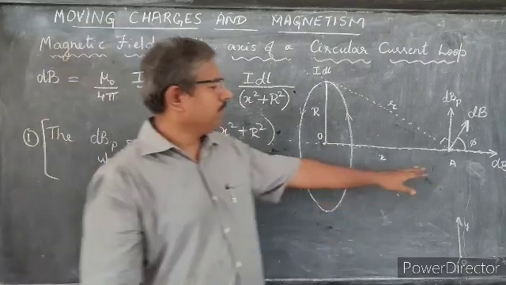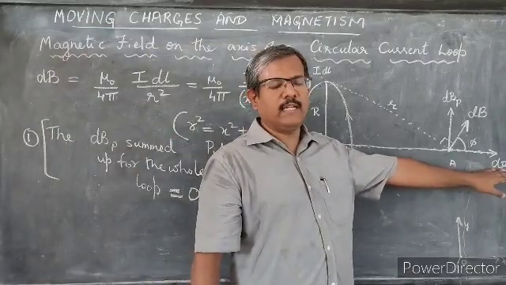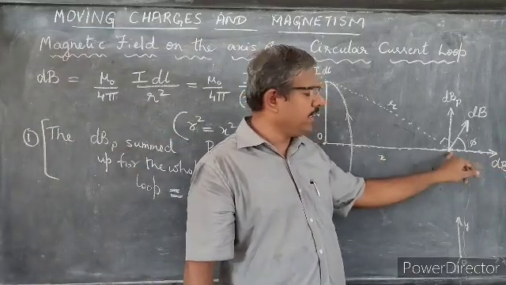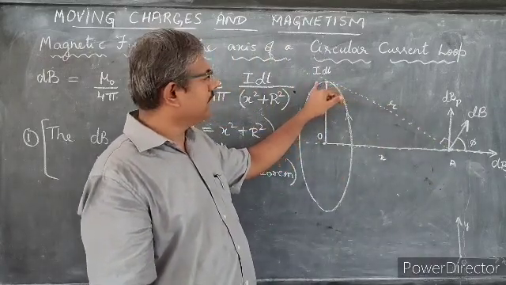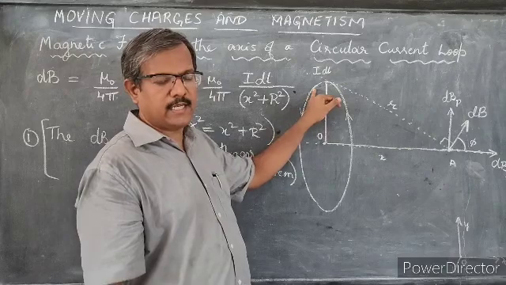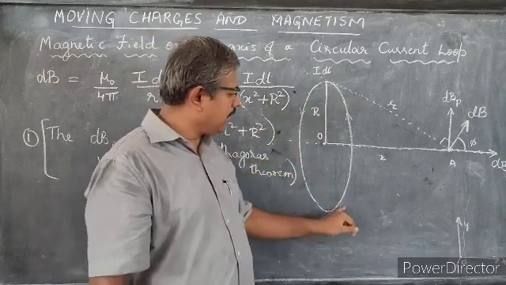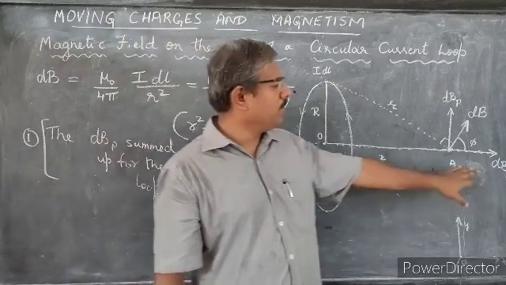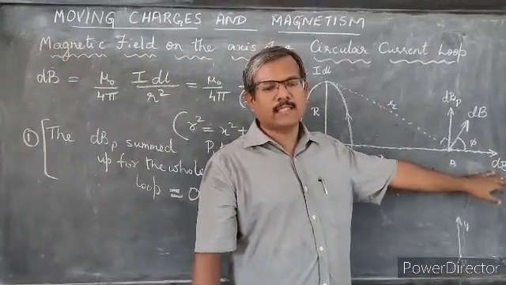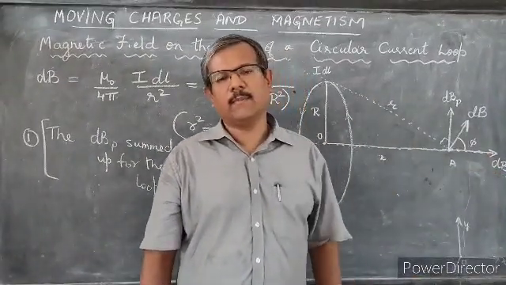For the total magnetic field component at this point A due to this current element, the next current element, the next current element, and all the current elements along this loop, I need to do an integration of dBx for all the current elements.